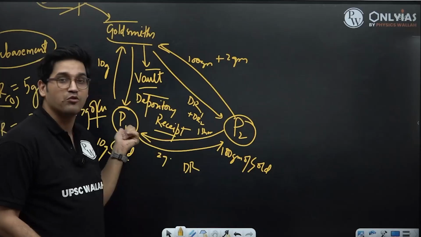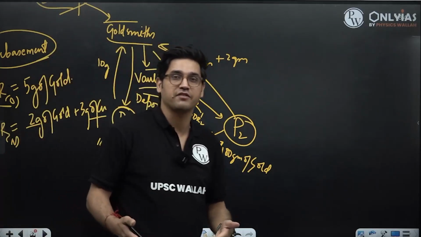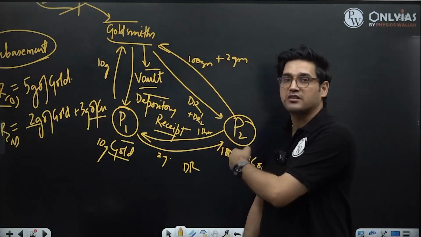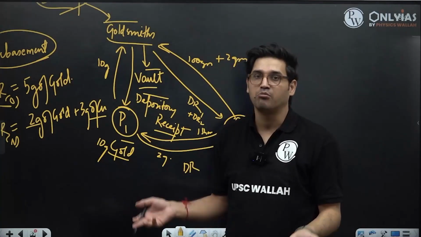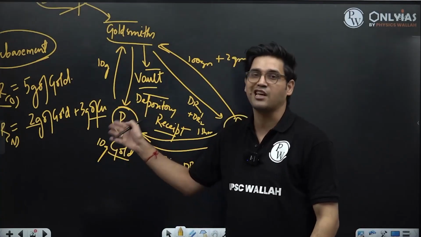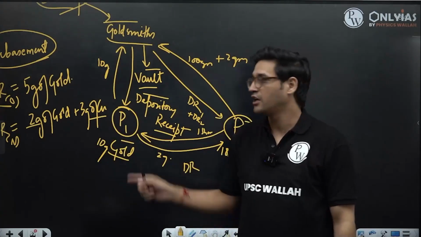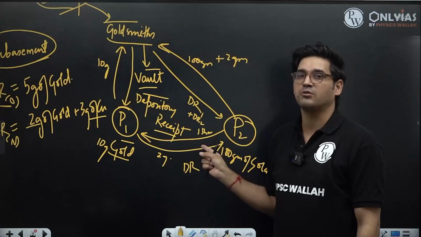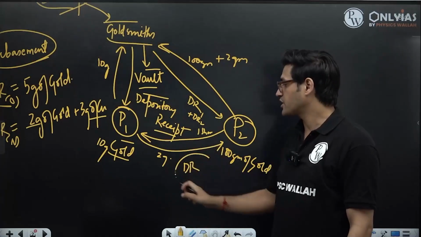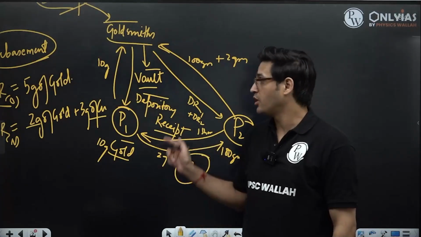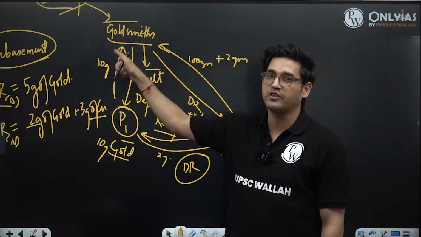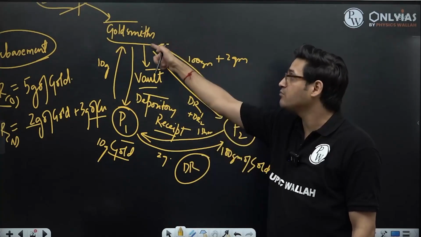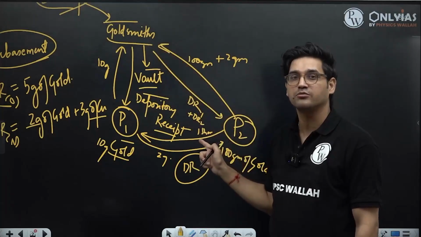He does not have to worry about keeping his gold safe. He would have to travel 10 kilometers taking all his gold to this person, and in the middle there can be attacks. A much better way would be to just keep one deposit receipt in his pocket, go to this person, ask him what he wants, and in exchange give the deposit receipt. Since the deposit receipt is a valid claim on the gold of this person kept with the goldsmith, this person can use it and redeem it from the goldsmith in exchange for gold.